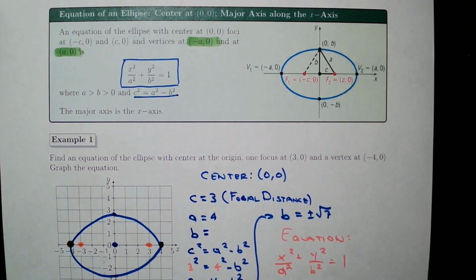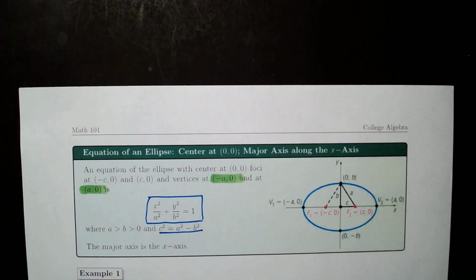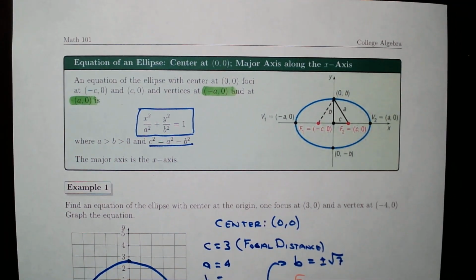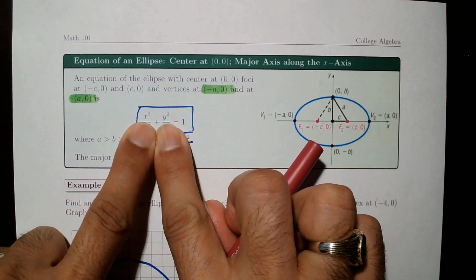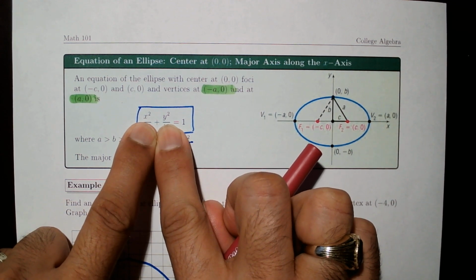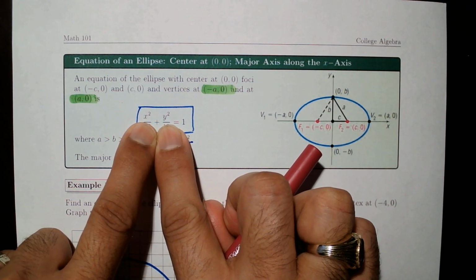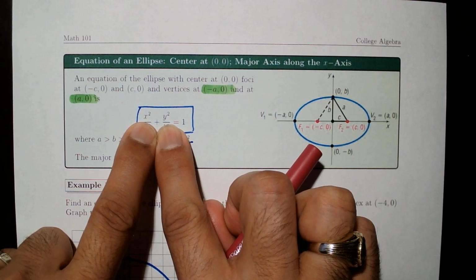All right, so let's look at our first case of ellipse. Suppose that we don't have this a squared and b squared. If you recall, we are going to have x squared plus y squared equals 1. That's the equation of the circle.